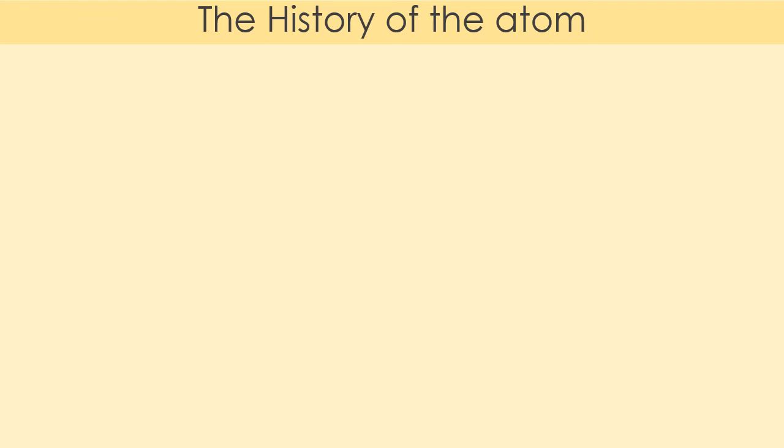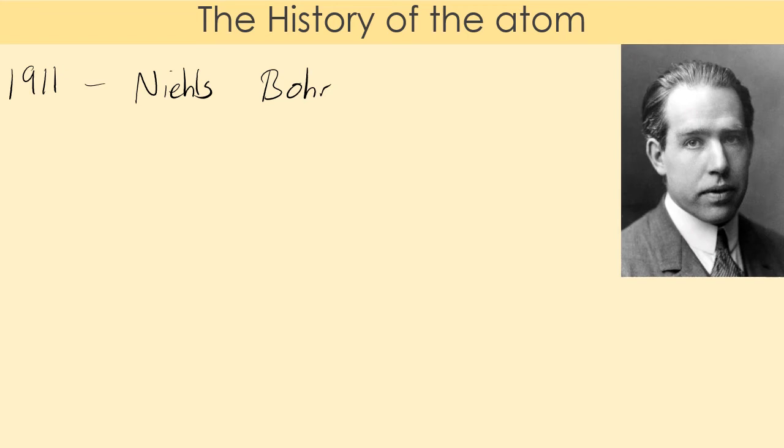Now, a few years later, in 1911, we had a Danish scientist called Niels Bohr. Now he's there, started not having a moustache now, and he did a bit of work on Rutherford's nuclear model and realised that instead of our electrons just going around in no particular order, the electrons would orbit in shells or in energy levels.